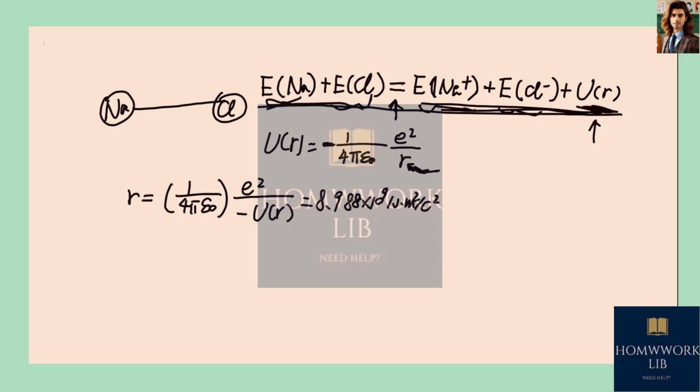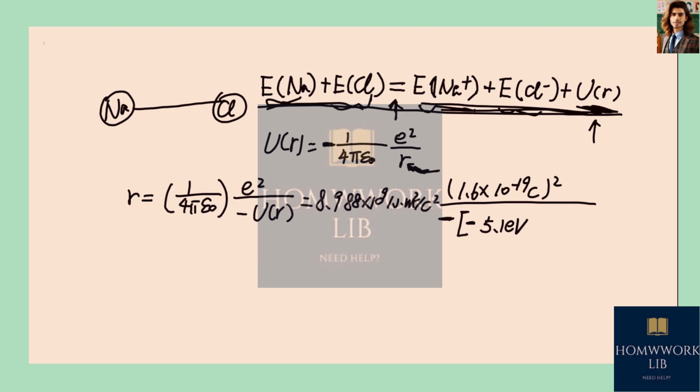And then e squared is 1.6 times 10 to the negative 19 coulomb, squared, over negative U. So what is U? U is equal to the energy of sodium plus the energy of chloride, minus the energy of the sodium ion, minus the energy of the sodium chloride.